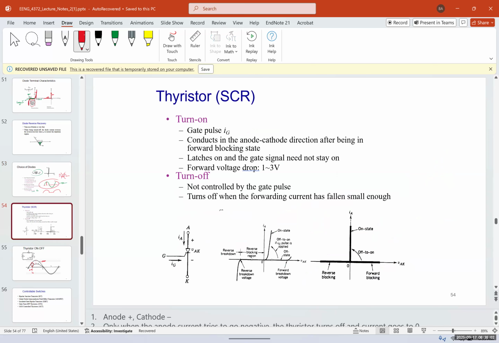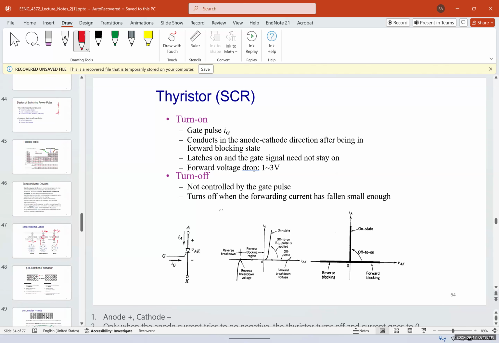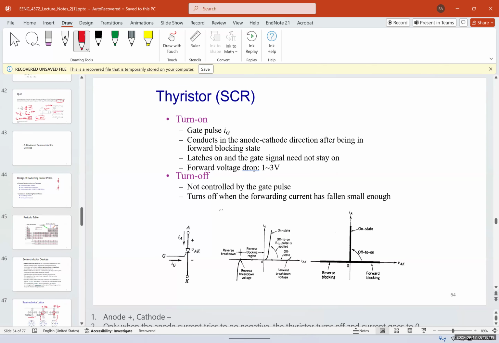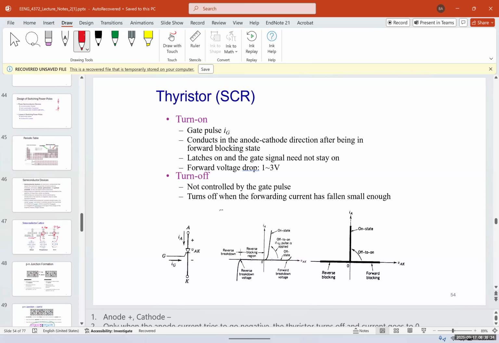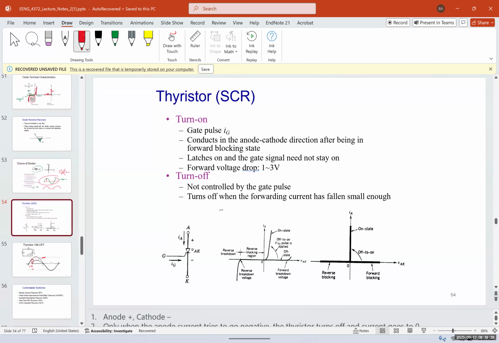There is a different type of system in power electronics, which are half controlled systems. With half controlled systems, we can control when they turn on, but we can't have any control on when they turn off.